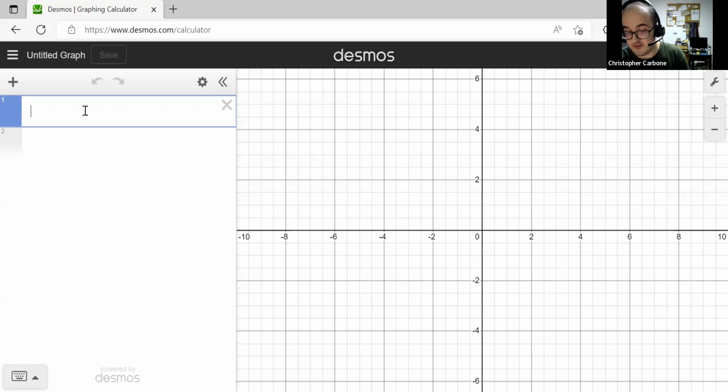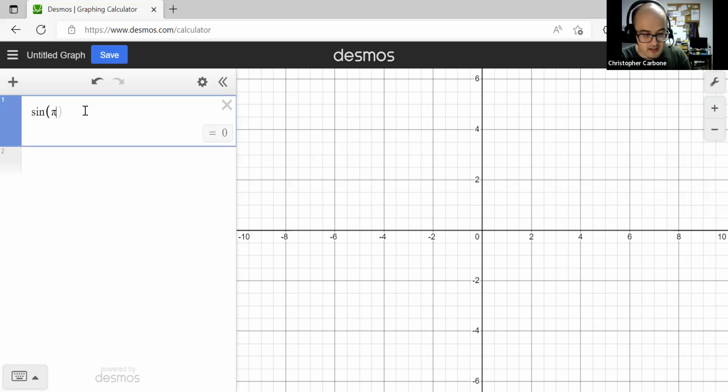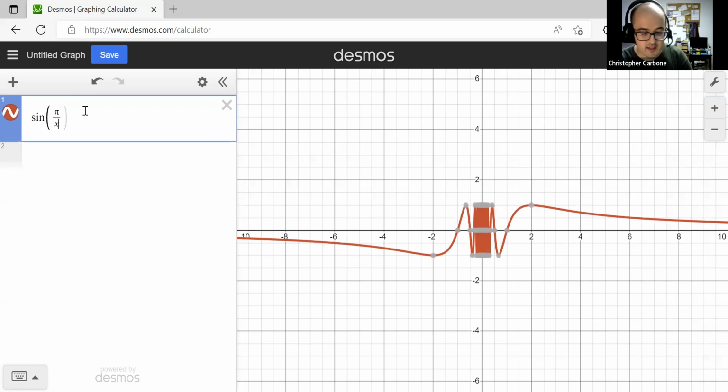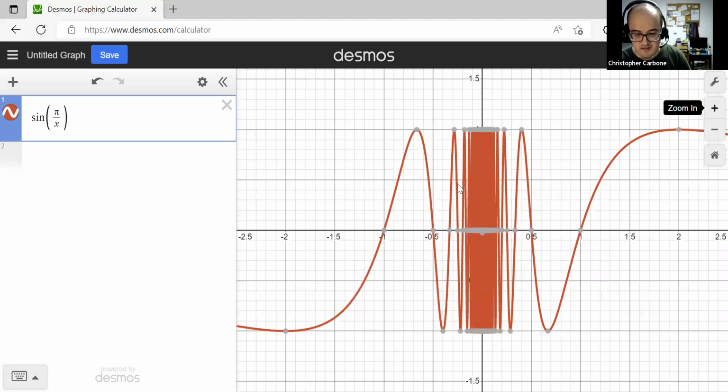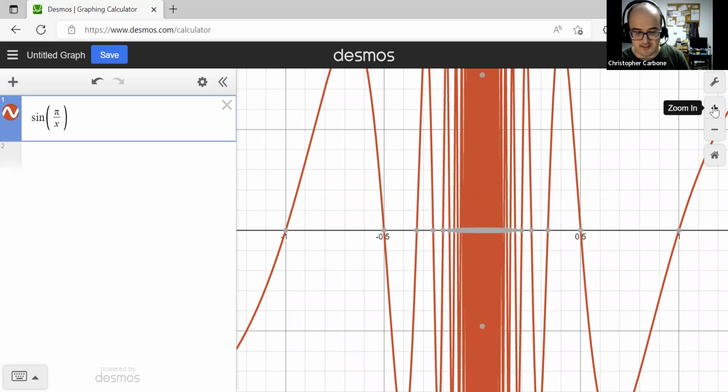Let's type in sine of pi divided by x. Ooh, we see a whole bunch of mishmash going on in there, right? It looks almost like a big block because of it. But let's increase this.